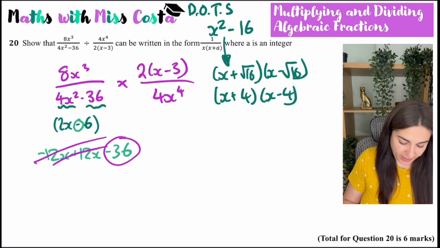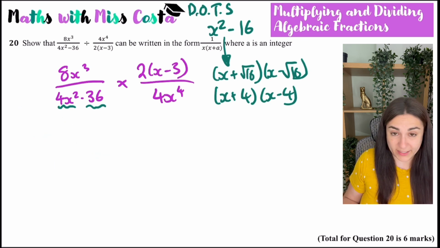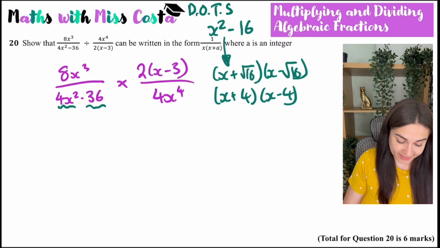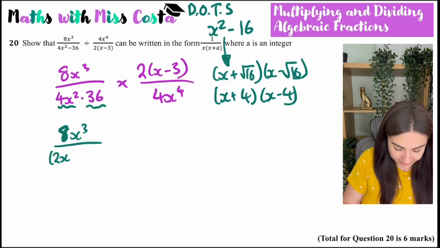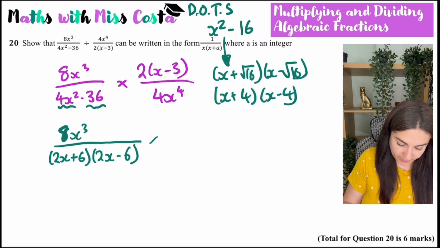So it's really important that you always look out for things like that, because in this case, I'm pretty sure it's going to matter. So I'm just going to rewrite that to make my life easier. So 2x plus 6 and then 2x minus 6 times, and already I can see that that's making a difference.